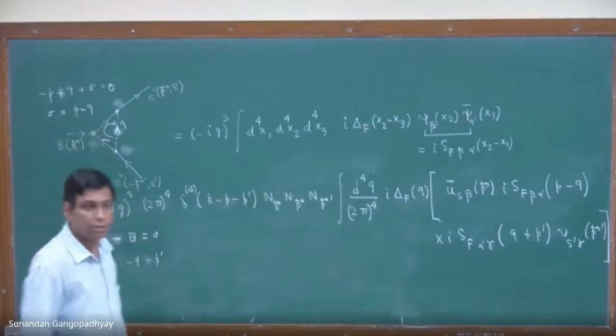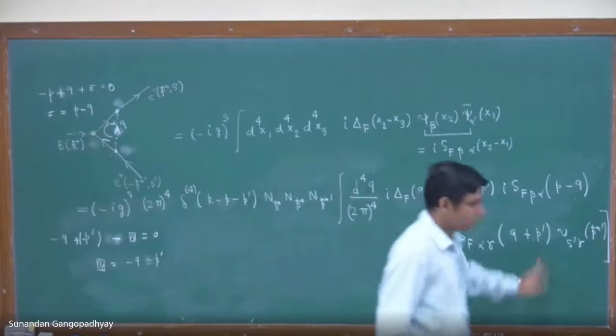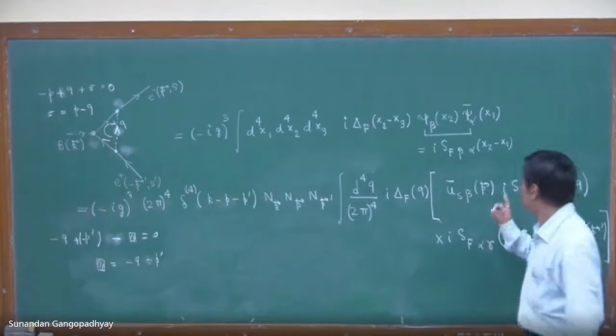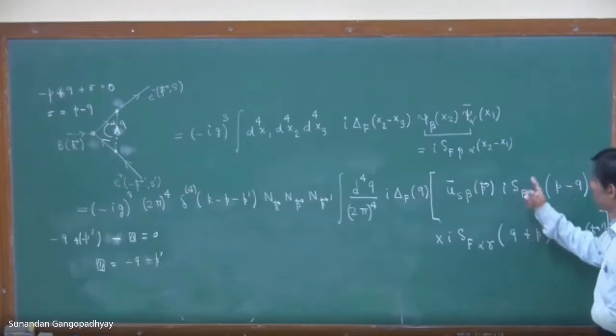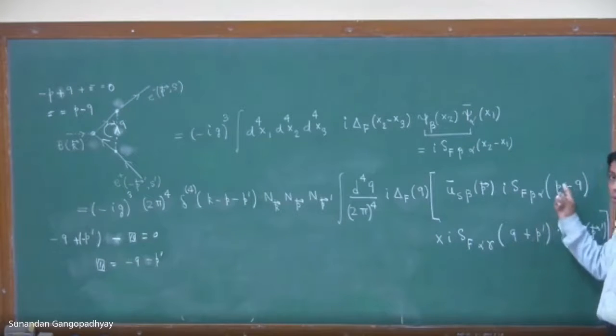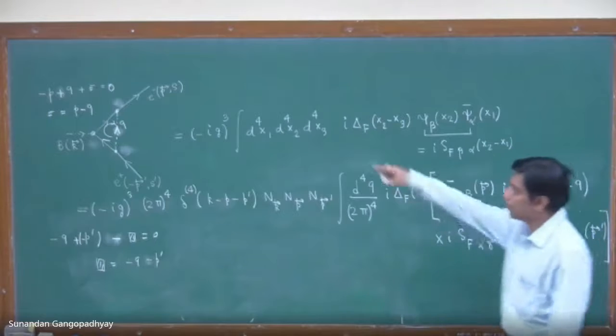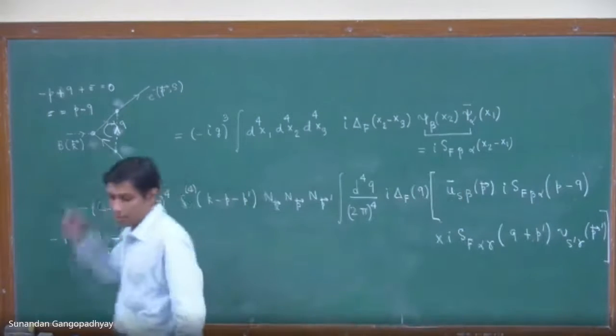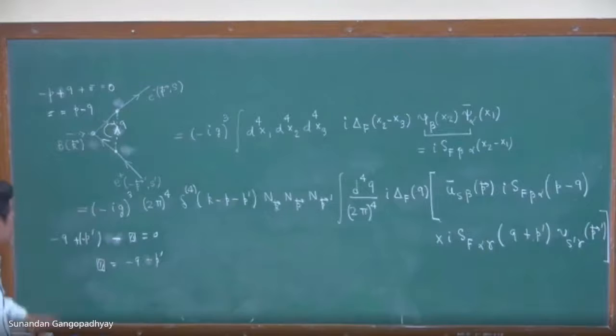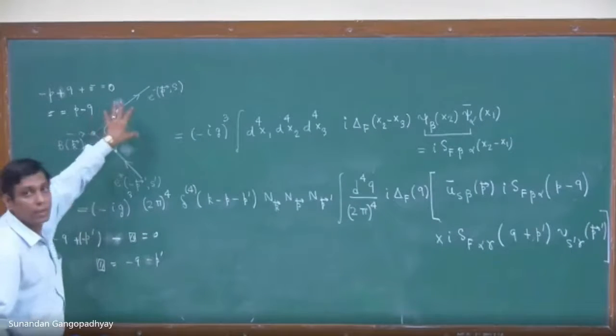So that is how you can fix the momentum arguments of these fermion propagators. You have to just calculate it by using this momentum distribution at each of the vertices.